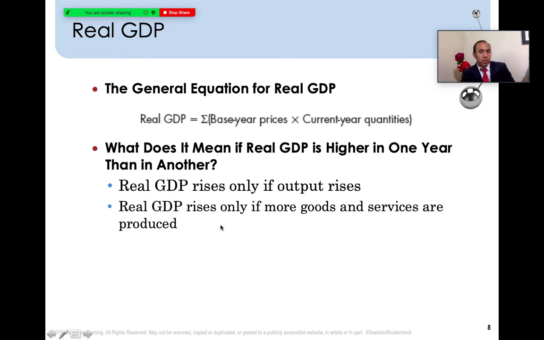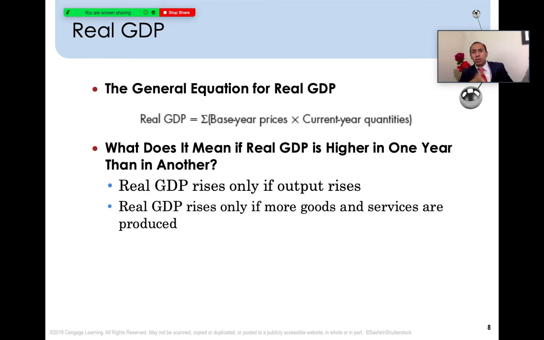So real GDP only potentially can rise in real terms only if more goods and services are produced from 1 year to the next. In real terms, the value of prices can also increase, but one of the fundamental pillars is that real GDP can rise significantly more only if more goods and services are produced from 1 year to the next, and it falls if goods and services actually stop being produced or they stay stagnant or the same.